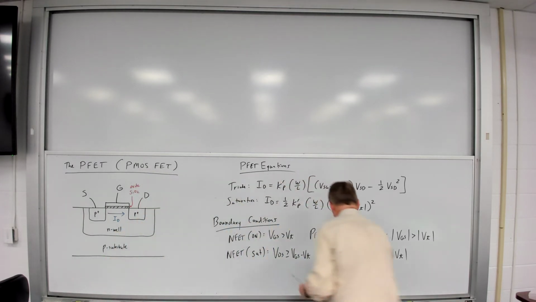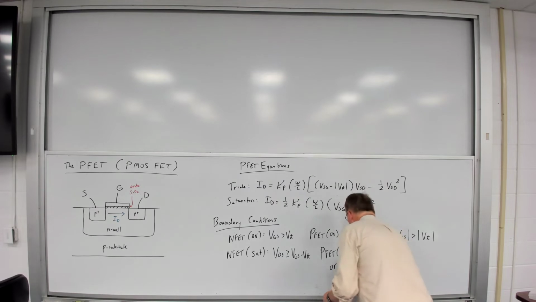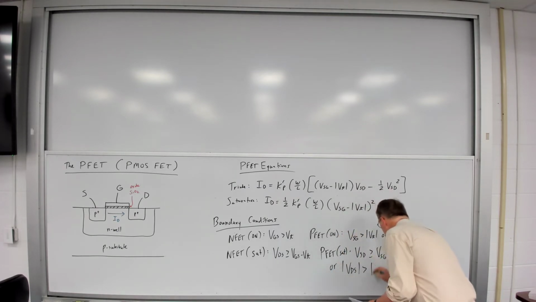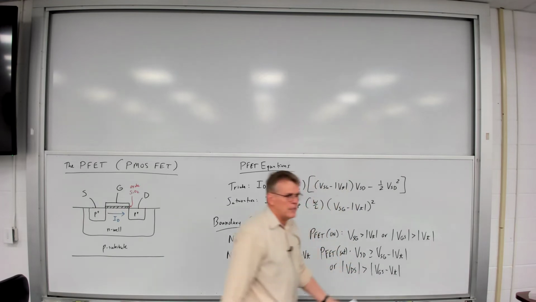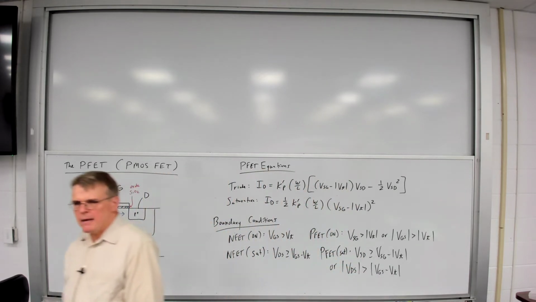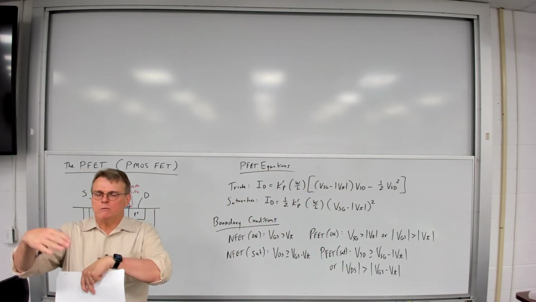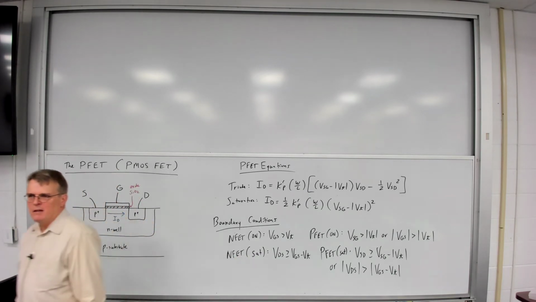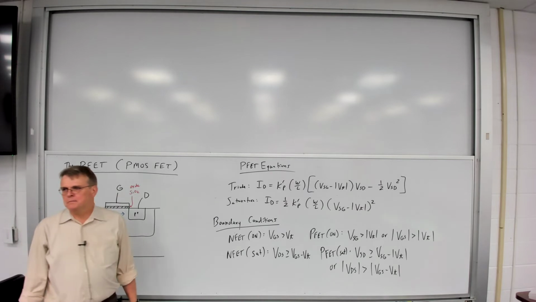Or you can think of it this way: the magnitude of VDS has to be greater than the magnitude of VGS minus VT. So again, think about it in terms of magnitude. Is the magnitude of the drain source voltage larger than the magnitude of VGS minus VT? Just a different way of thinking about it.